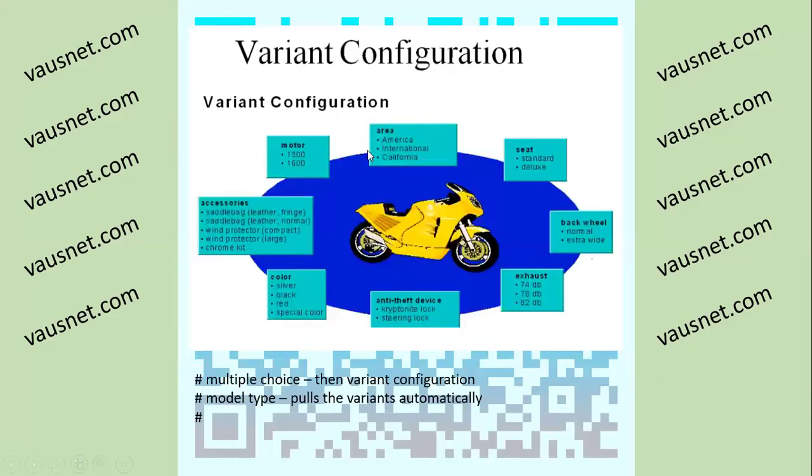Variant configuration again has a lot of variables like color, engine type, speed, speedometer, size, weight, road clearance, frame, profile, everything. So variant configuration will give your customers a choice to choose their own specific type of motorbike, and it happens in customized orders.